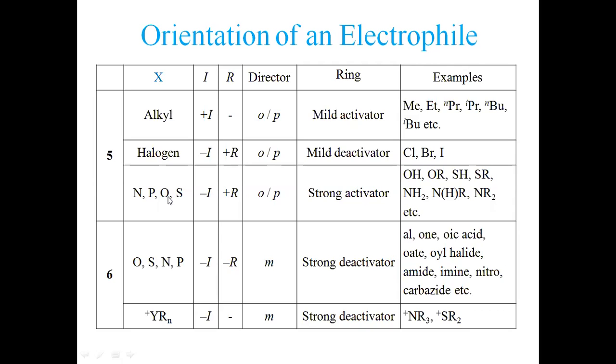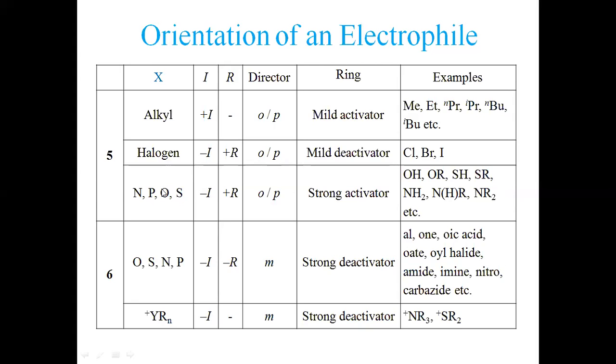So such groups, nitrogen family and oxygen family, they are minus I but plus R groups. So they are ortho-para directors. We call them strong activators because in the case of nitrogen and phosphorus, they contain only 1 non-bonding electron pair. In the case of sulfur and oxygen, they contain 2. There is a competition, which makes their contribution to the aromatic system less.